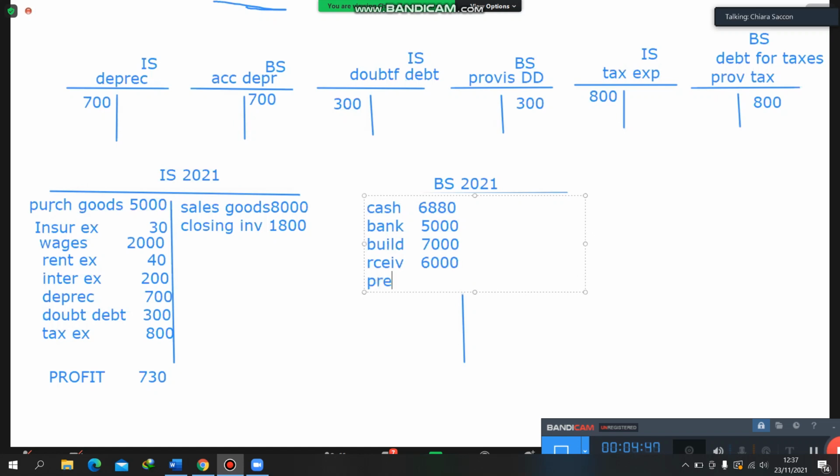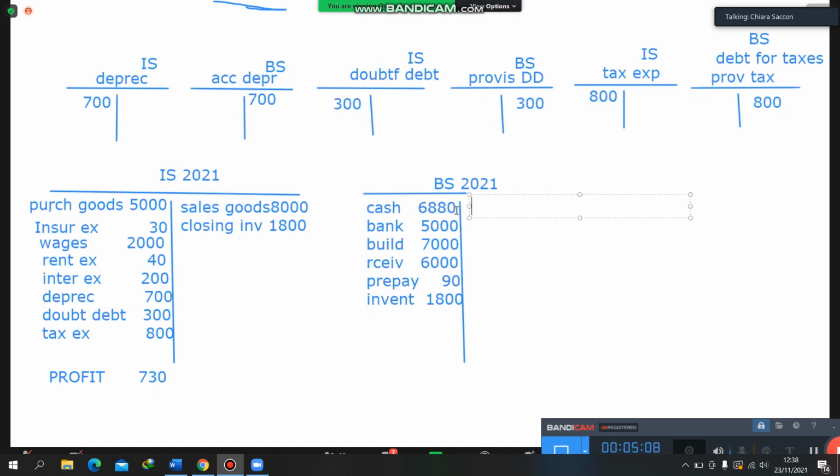Repayment, 90. And then inventory, 8,800. Okay, this is for the asset side.